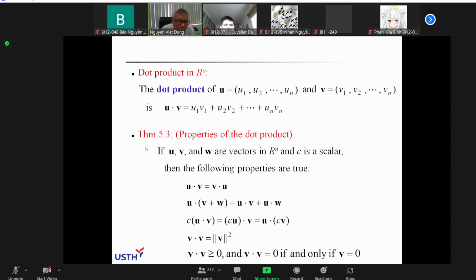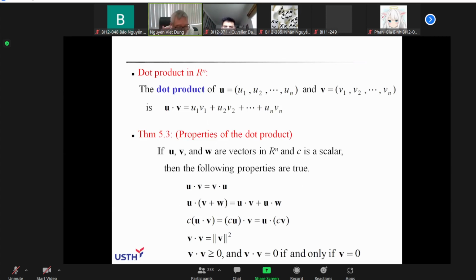And this observation or this theorem gives you the properties of the dot product. I list 5 properties here, however, property number 4, v dot v equals the square of the length of v, you can forget it because that came from the definition.